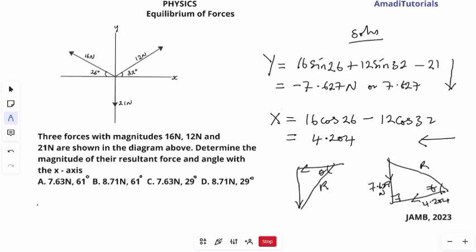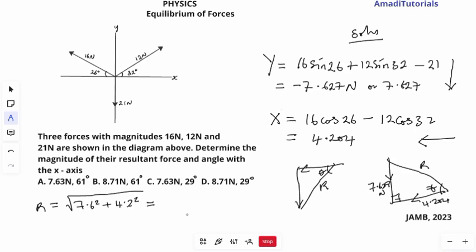So your resultant, which is the hypotenuse of that right angle triangle, will be equal to the square root of 7.6 squared plus 4.2 squared.